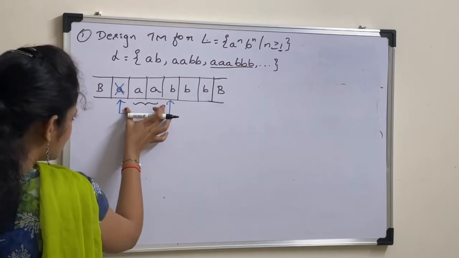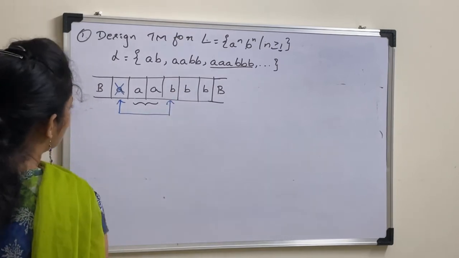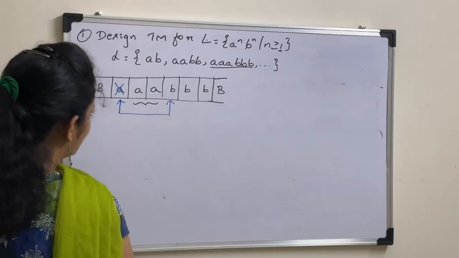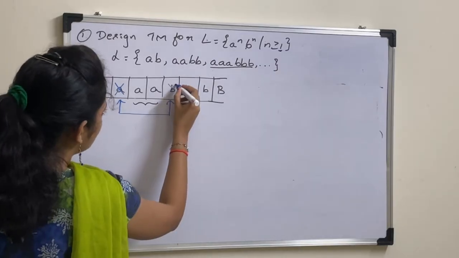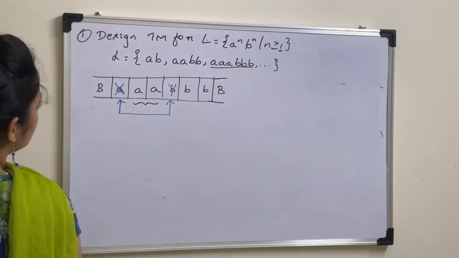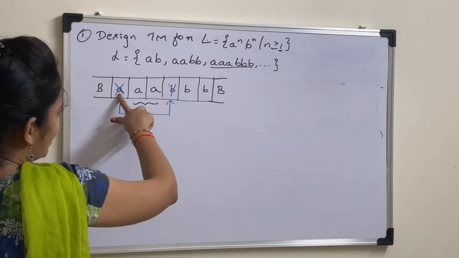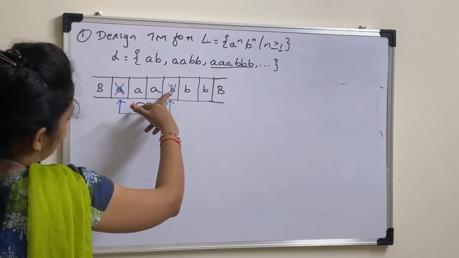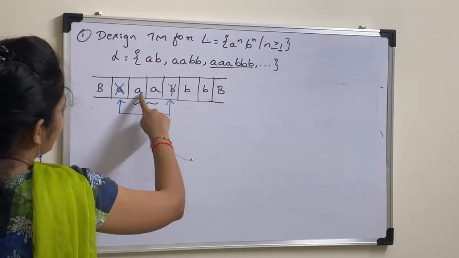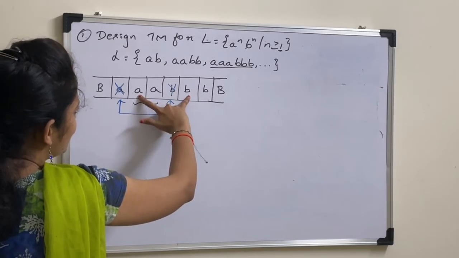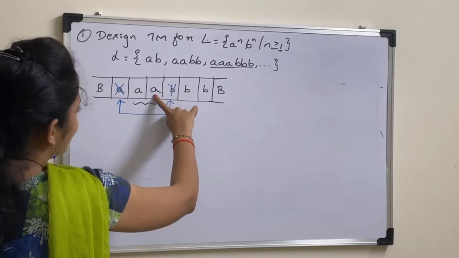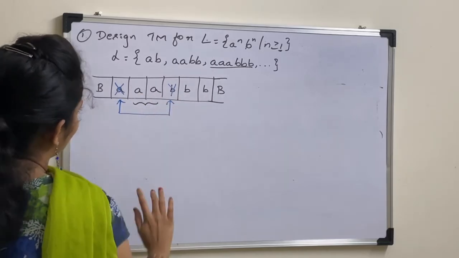So you need to move like that until we get the first B. On getting this first B, you need to change it to Y. Fine. So the first A should be marked with X, then the first B with Y. The second A with X, the second B with Y. The third A with X, the third B with Y. That's the logic.